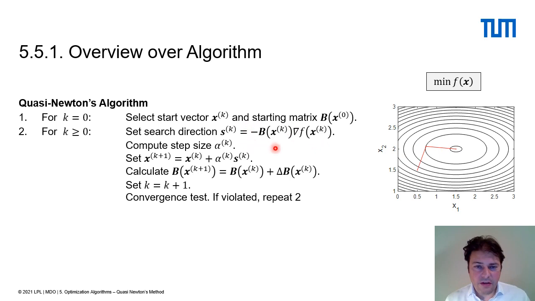The essential ingredient of this method is the definition of your search direction before you again conduct a line search. In the definition of your search direction, you'll be using a B matrix, which is an estimate of the inverse of the Hessian. And that estimate also needs to be updated. So there is an update step that comes in addition to what we saw before.